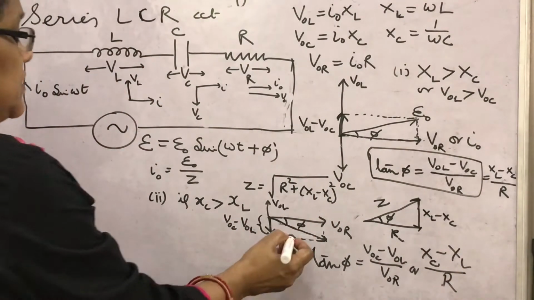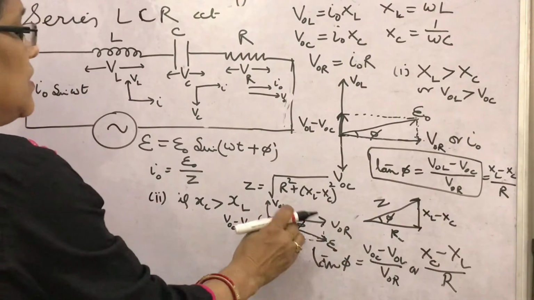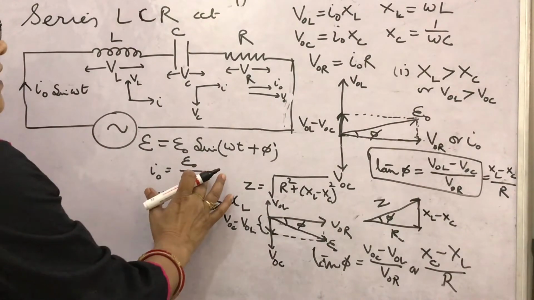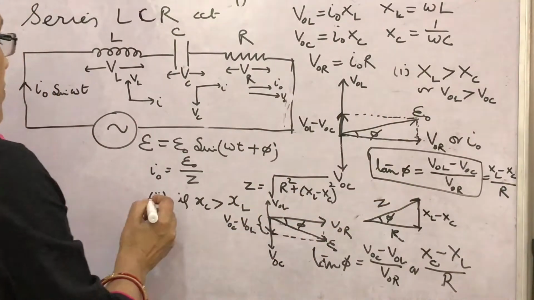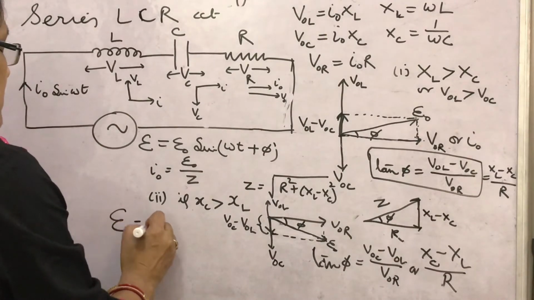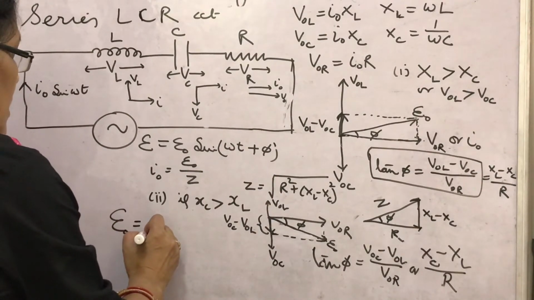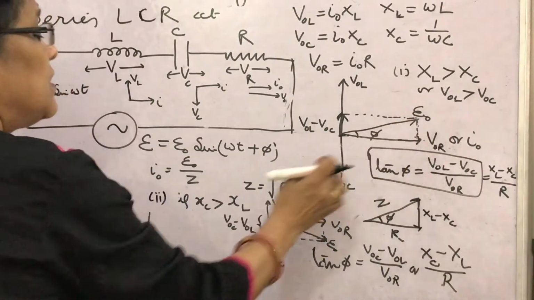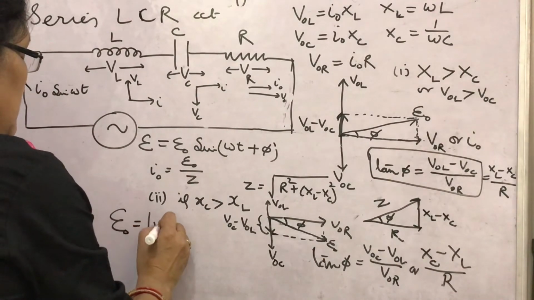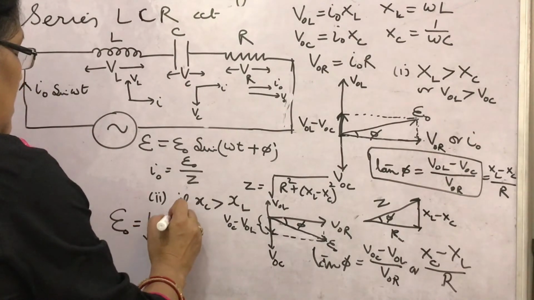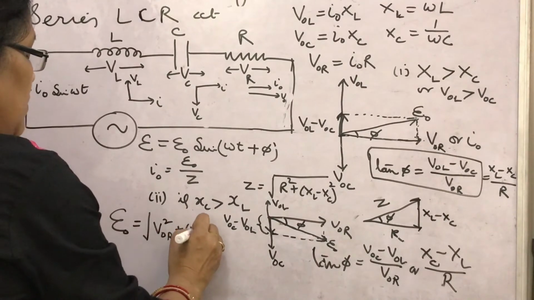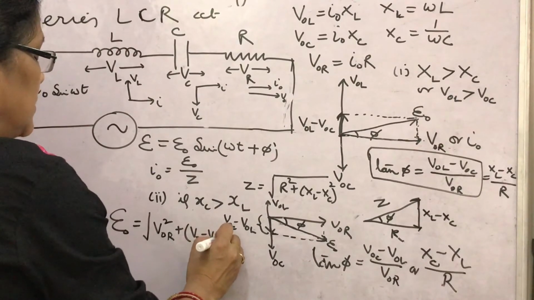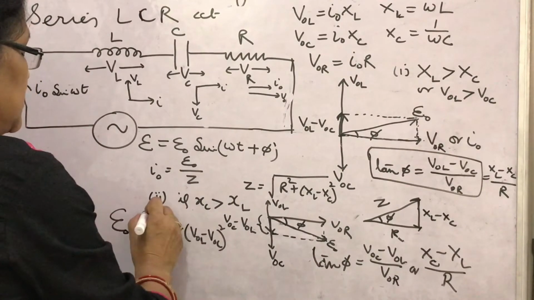What about this resultant value E naught? We have seen E naught is simply, how can you write E naught here? You can write E naught as under root V naught R square plus V naught L minus V naught C whole square.